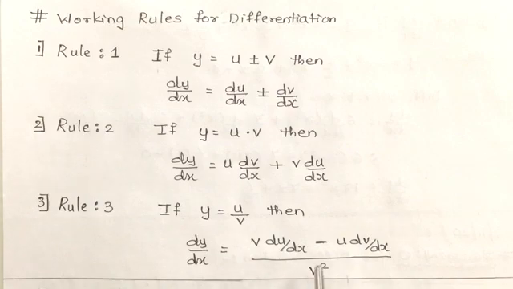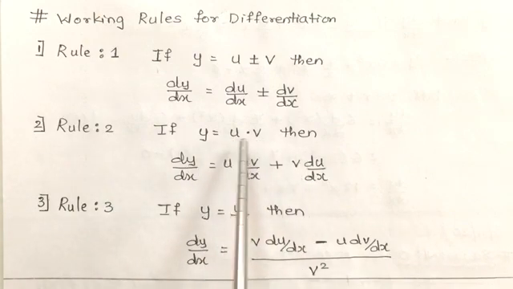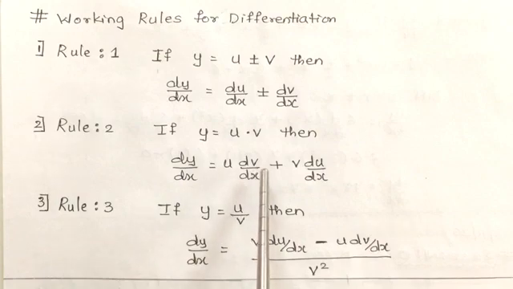Here the sequence and order you have to keep as it is, it cannot be changed. First should be the differentiation of u and then the differentiation of v. First v is as it is, second time u is as it is. But in the case of multiplication, you can alternate any one of them.